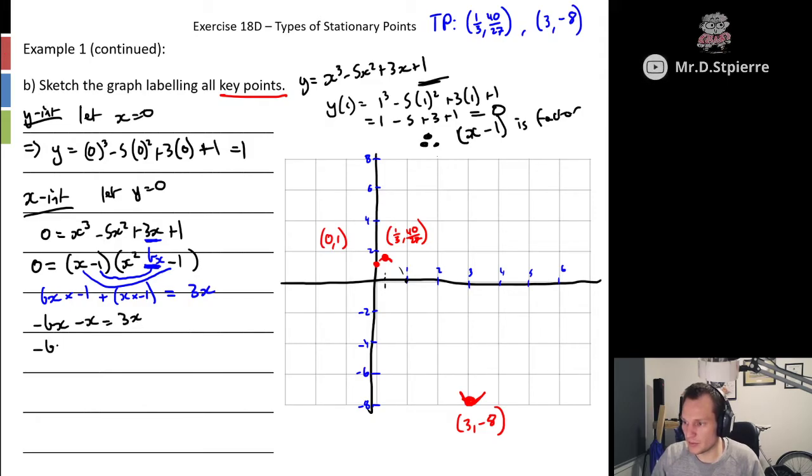So negative bx is equal to 4x. So b is equal to negative 4. So we can put that in there, or I'll write it off to the side. We get 0 is equal to x minus 1 bracket x squared minus 4x minus 1.